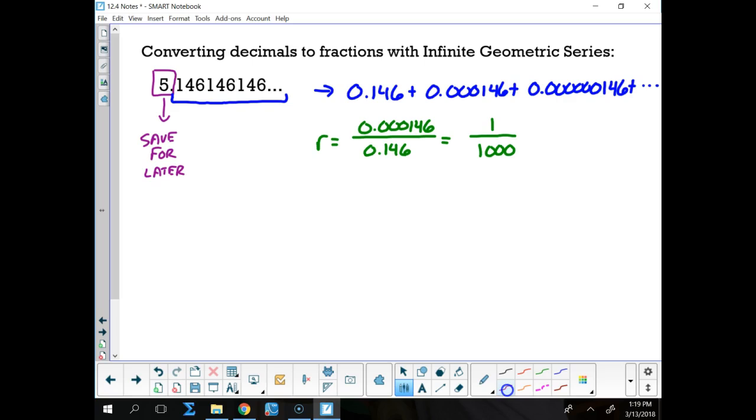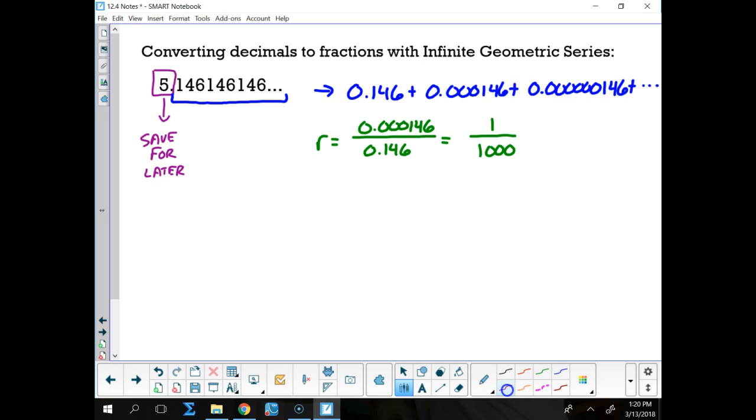Good. Because there are three digits that are being repeated. Which also tells me that it's going to be over 1,000 because there are three digits being repeated.